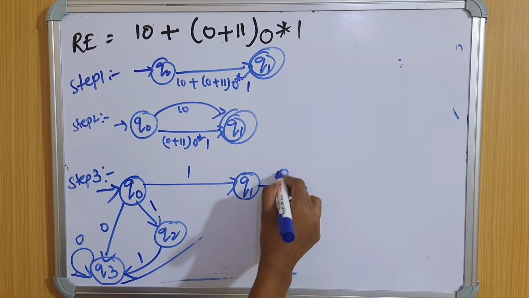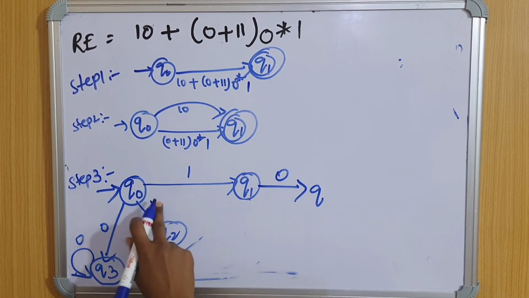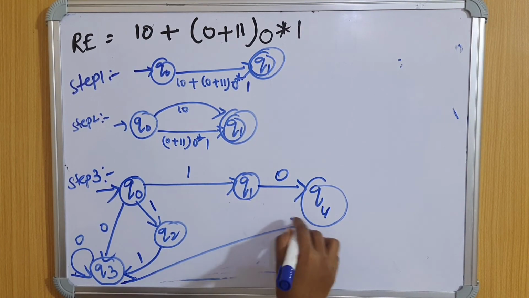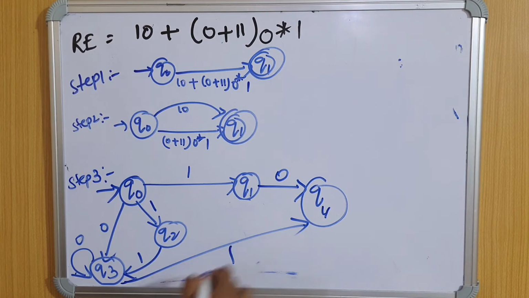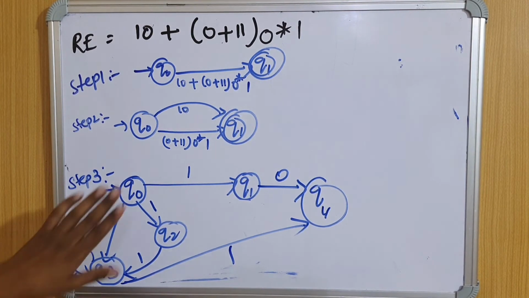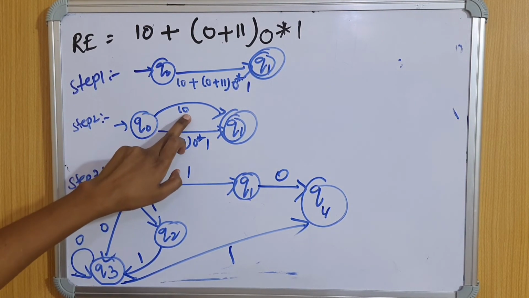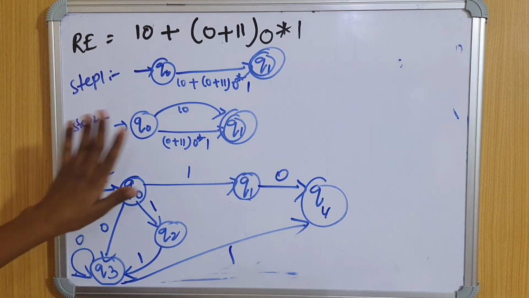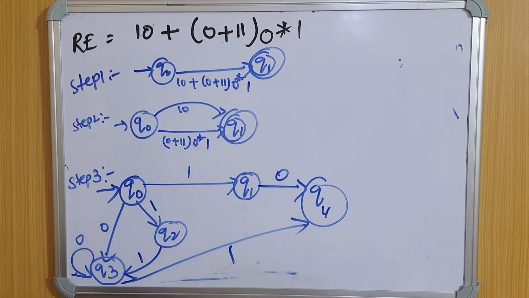Next with the 0 you will get Q0, 1, 2, 3, 4. From Q4 it will go directly here with 1. Don't get confused: 1 0. So I am writing Q0 to 1 0.